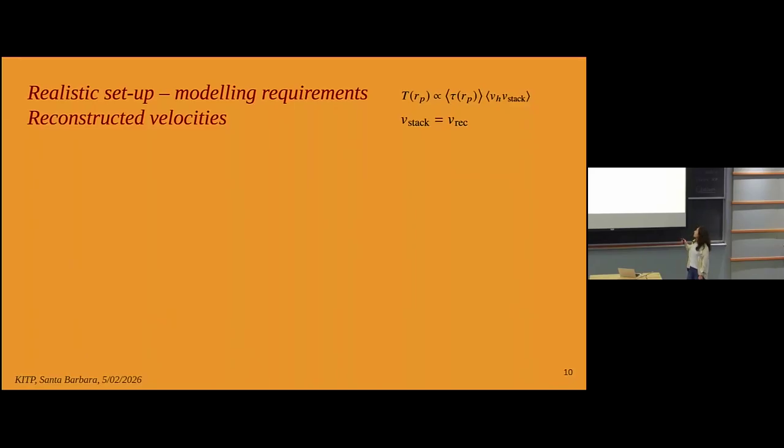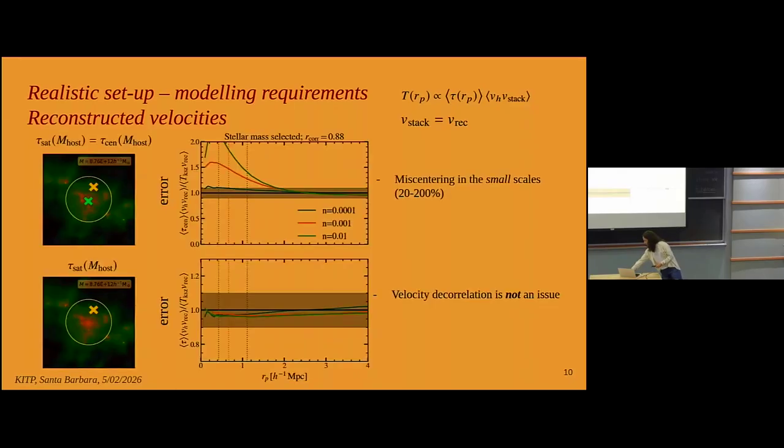This comes from the continuity equation, so it knows only about linear theory. If we do this exact same thing, we see that on the smaller scales, no way we fix that. But on the large scales, we are now fine. This is also nice to notice, because it means that the velocity decorrelation and all this stuff are complicated nonlinear physics that don't necessarily correlate with the linear, for example, this Vrex.